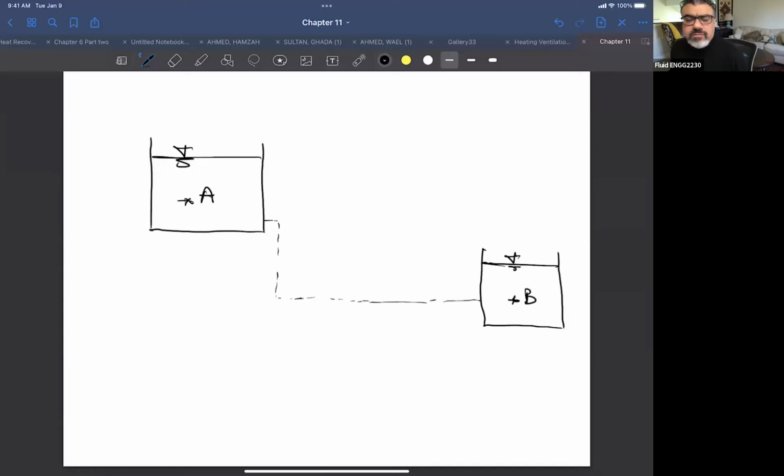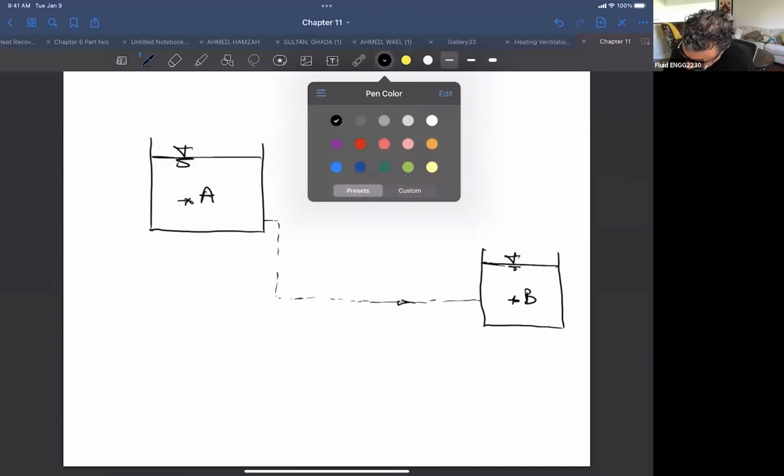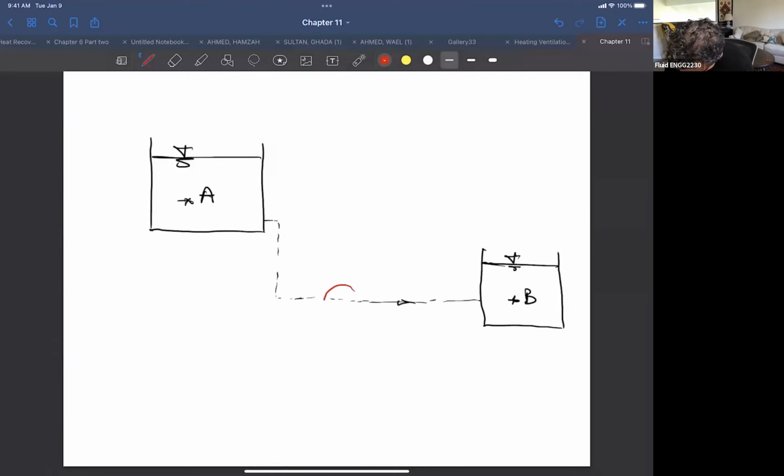A to B, because of the energy difference, right? So the fluid is going like this. So the fluid is already going between A and B. Why do you think in many cases we put a pump here? Many applications put a pump here. What is the main reason for putting the pump between A and B, if the fluid is still moving here?